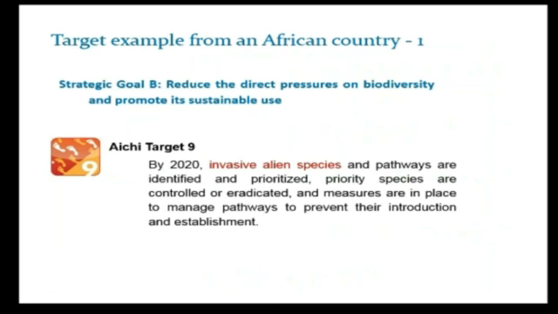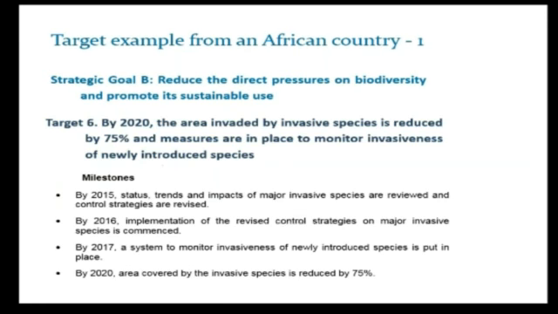So for an example, for an African country, their draft NBSAP has taken the strategic goal B, the same as the CBD, and in consideration of Aichi target 9 on invasive alien species, the national target they have developed for that is by 2020, the area invaded by invasive species is reduced by 75%, and measures are in place to monitor invasiveness of newly introduced species.